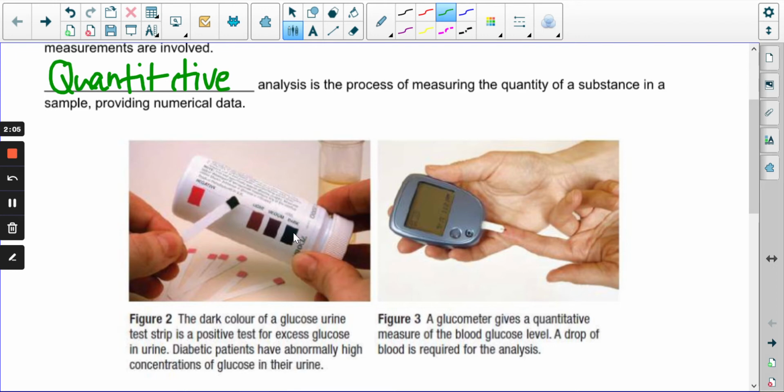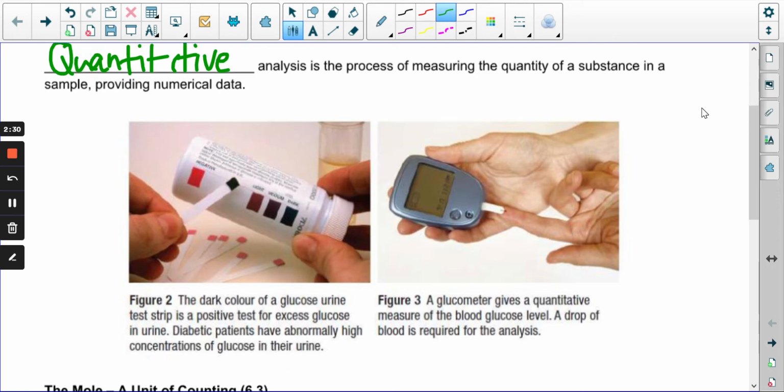We are just testing for the presence of high glucose. Okay. Likewise, on the other side, we've got an example of a quantitative analysis. This is a glucometer. This is a device that people who are diabetic use to test their blood concentration for glucose. So they're identifying, again, an actual number, an actual concentration of glucose in their blood.